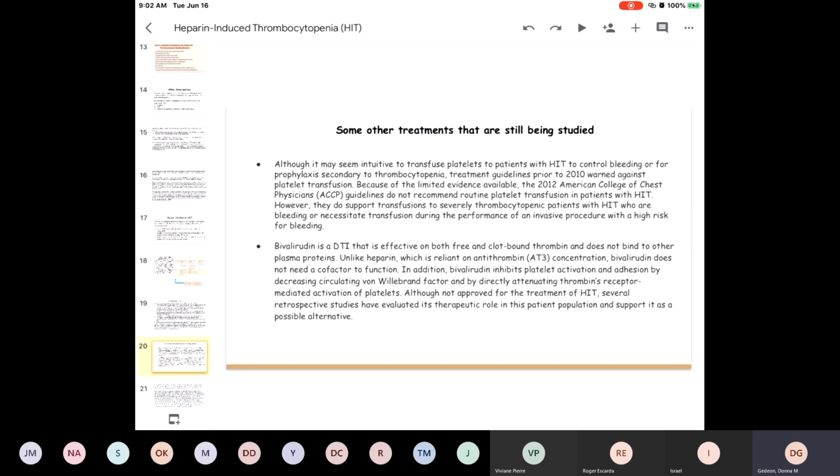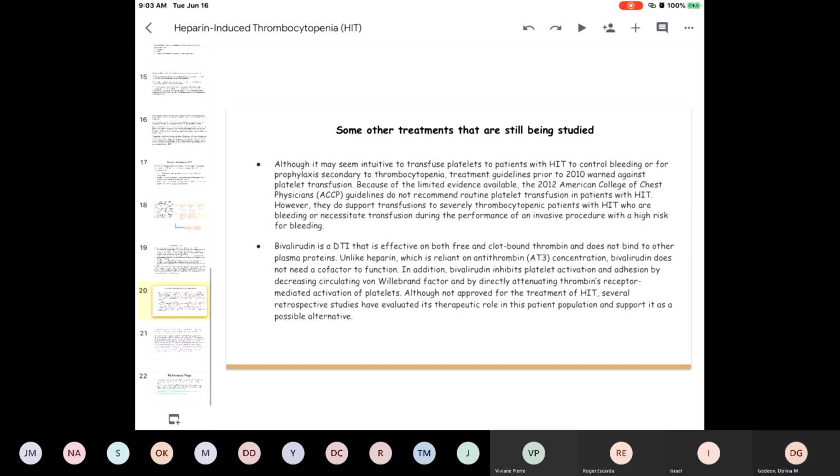So although it's not approved as a treatment for HIT, several retrospective studies have evaluated its therapeutic role in this patient population and support it as a possible alternative.